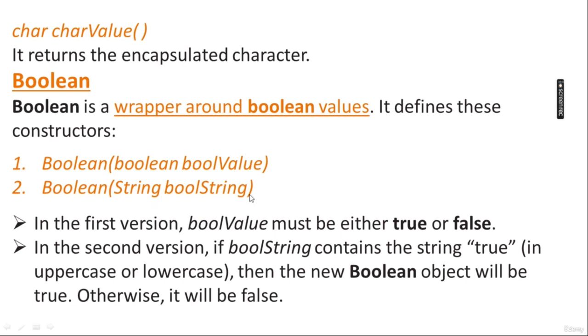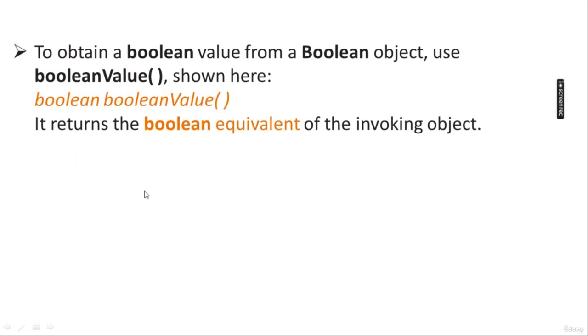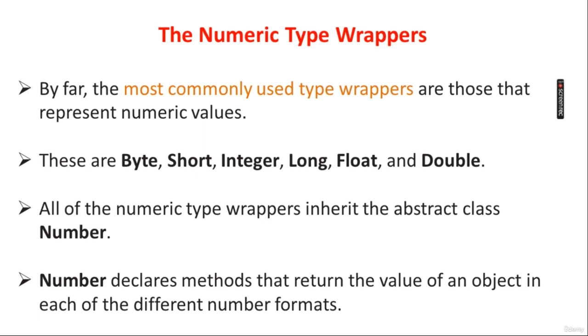Otherwise, if you are not specifying true, it will store the false value. To obtain a boolean value from a Boolean object, use the booleanValue method. So it will give me true if I encapsulated true, or false if I encapsulated false. It returns the boolean equivalent of the invoking object.